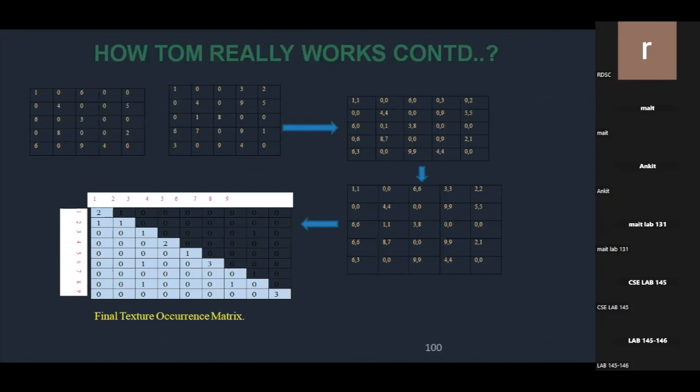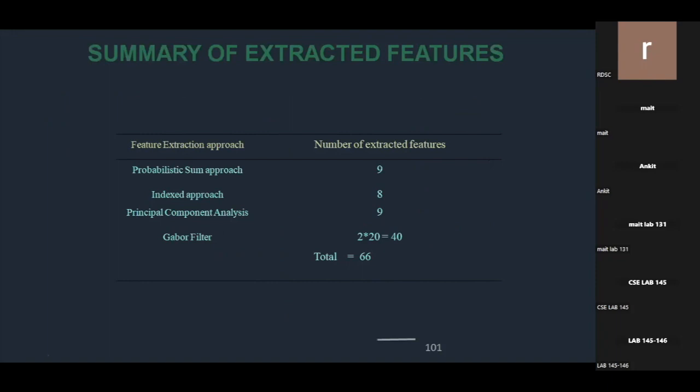We create the texture occurrence matrix, and once it is created, we can get the upper and lower triangular matrices over these values. Over these extracted values we apply a different probabilistic approach, 9 features, index approach, 8 features, PCA, 9 features, Gabor with two different theta values, 40 features, total 66.